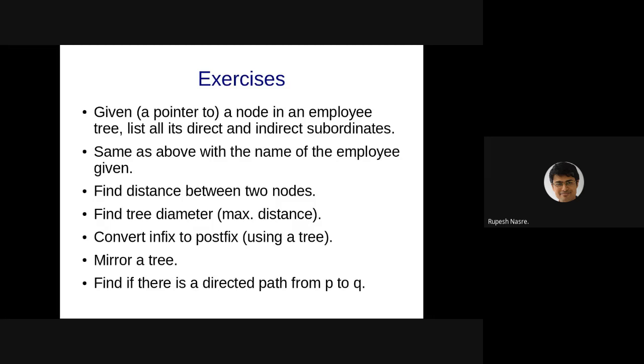Aniruddha says, can you explain the mirror tree again? So you are given this, let me name the nodes. There is a root node with children E1, E2, E3, and then E1 has, let's say, x1, x2, x3, E2 has x4, and then E3 has x5, x6.